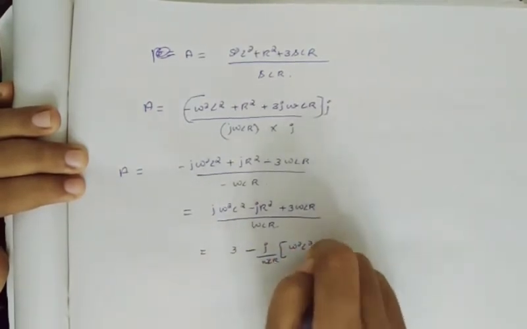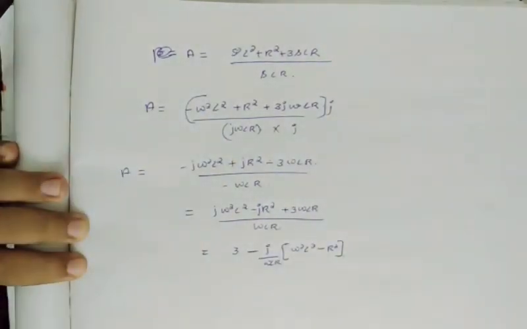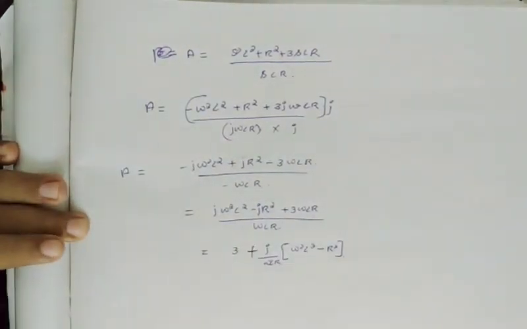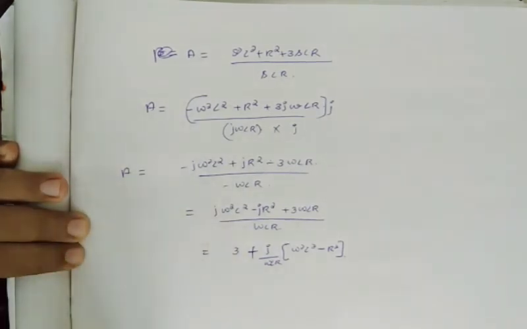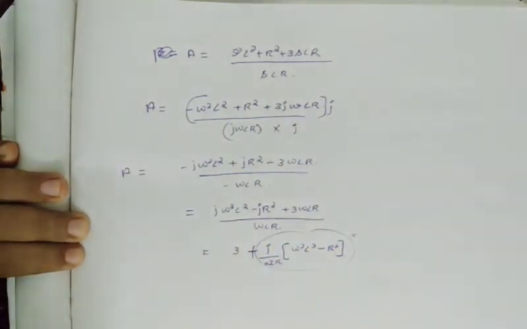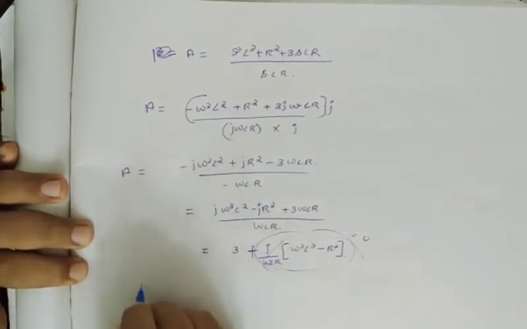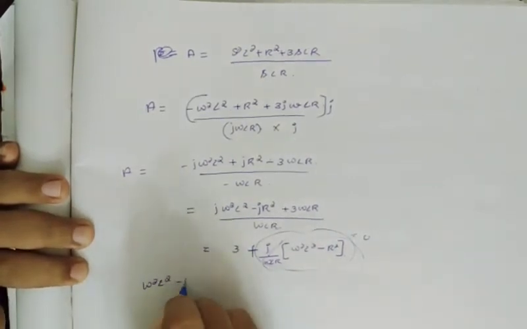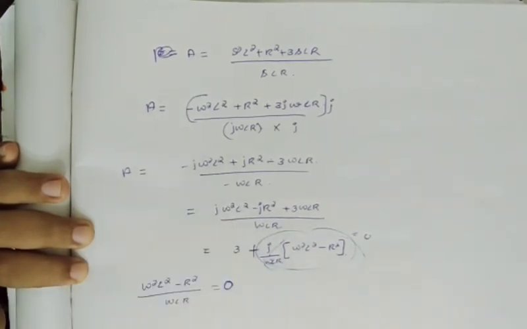Omega square L square minus R. Now, for oscillation, what is required is that the imaginary part of open loop gain should be equal to 0. What is the imaginary part here? What is written on the side of J, right? So that is omega square L square minus R divided by omega LR should be equal to 0.